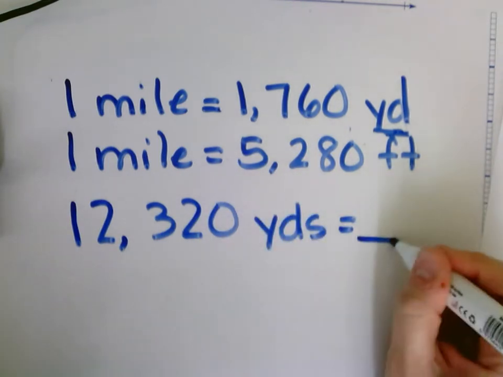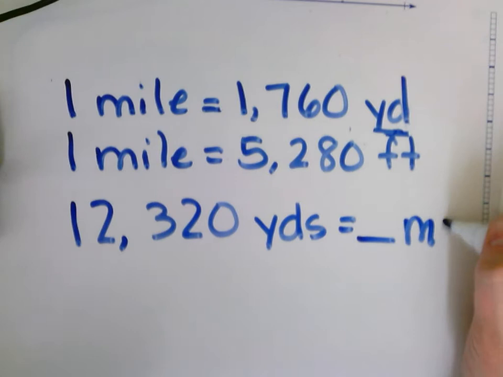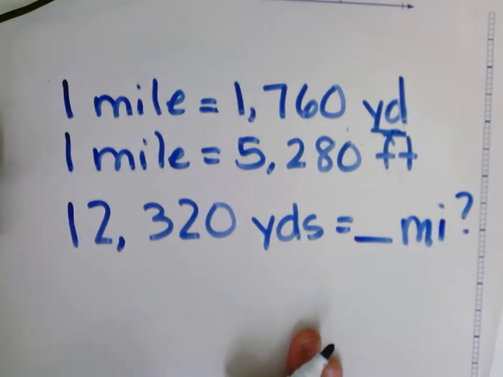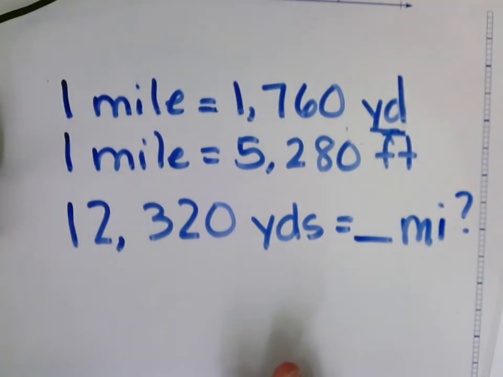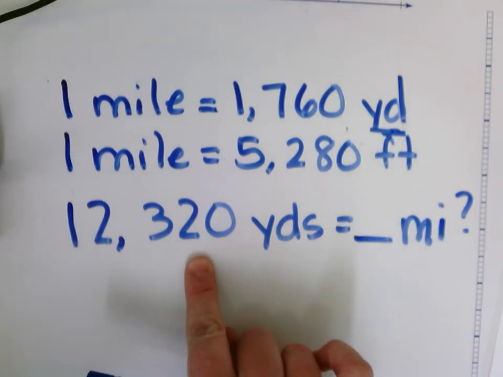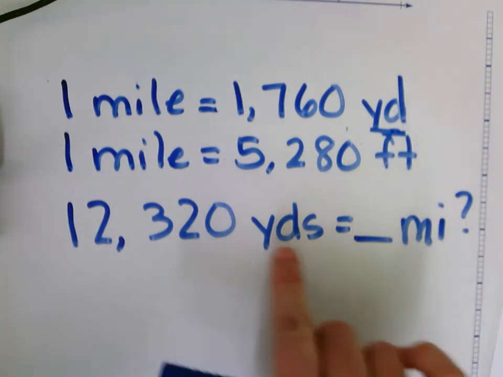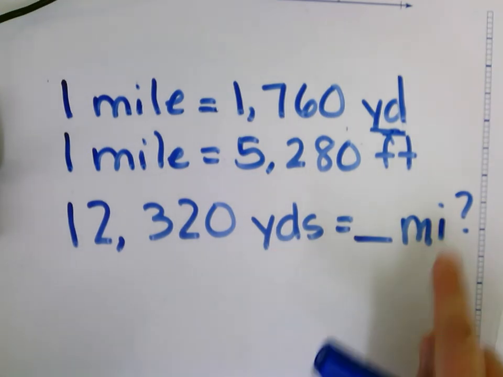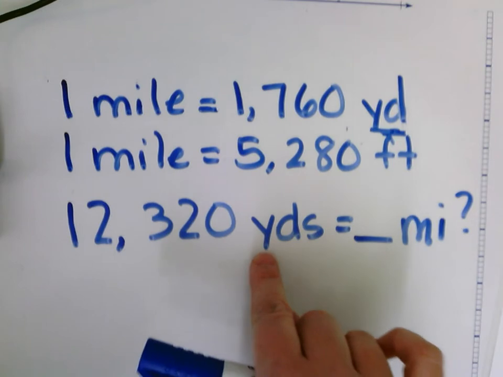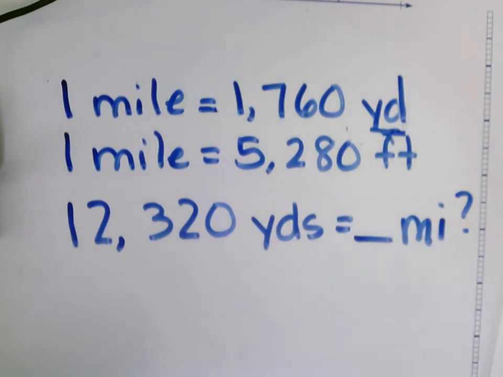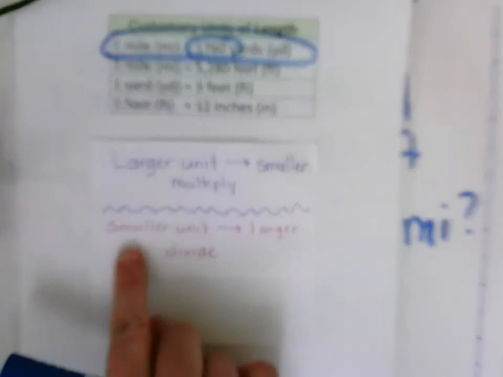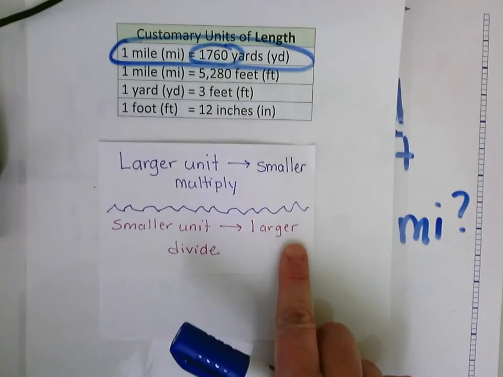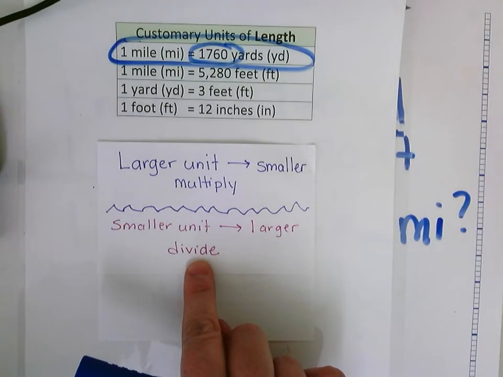How many miles will that be? Okay, 12,320 yards. How many miles? So I know how many yards I have. I'm looking for the miles. Yards are smaller than miles. So I'm going to be moving from a smaller unit to a larger unit. When I move from a smaller unit to a larger unit, I'm going to divide.